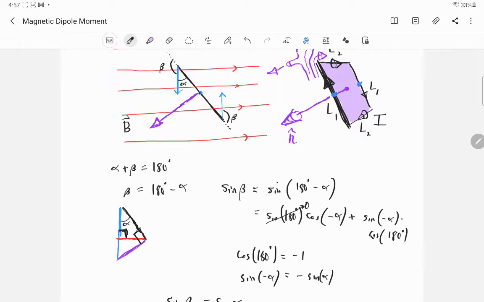So the interesting thing about this is this angle alpha plus this angle over here plus 90 is going to add up to 180. And so what that means is that this angle right here is also alpha. So I'm going to pick it out for you. It's this angle, and this angle is also alpha.